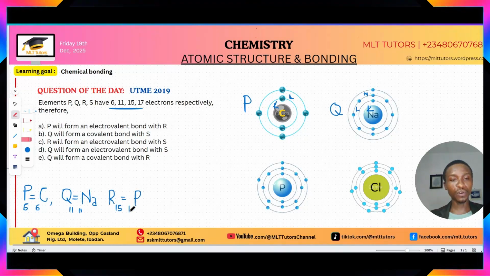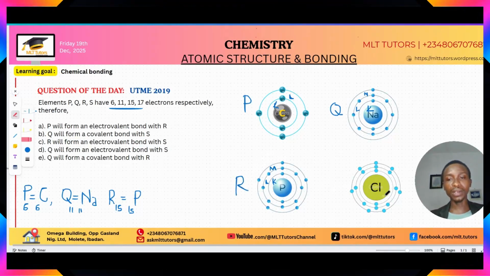So phosphorus has 15 electrons. There is the atom of phosphorus. In the K shell, it has 2. In the L shell, it has 8. If you count, that's 10. Then in the M shell, it has 5. So that implies that element R is phosphorus.